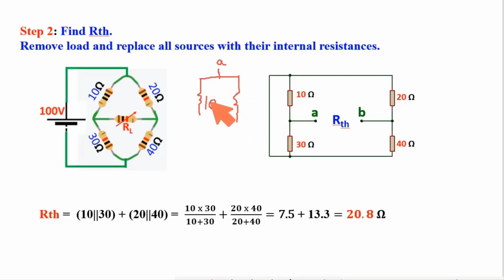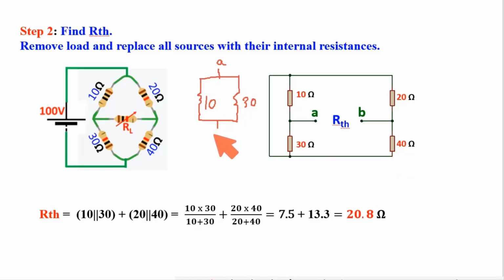They meet at a particular point. This point and this point are the same point. From this point, I again get two paths. One path is this 20 ohm, another path is this 40 ohm.